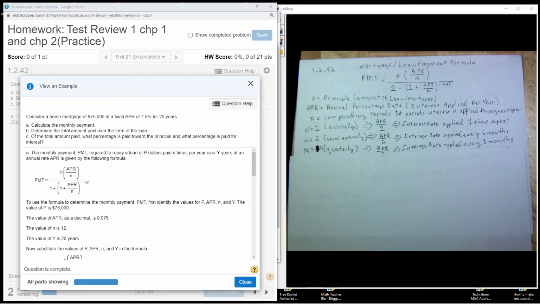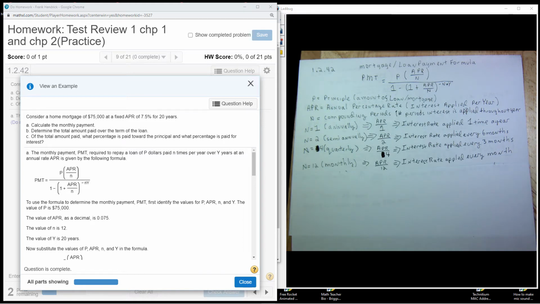Quarterly, when N is 4. So the amount of interest that is applied every 3 months is the APR divided by 4. And if you add them up, they add up to the total APR for the year. When N is 12, that's monthly.